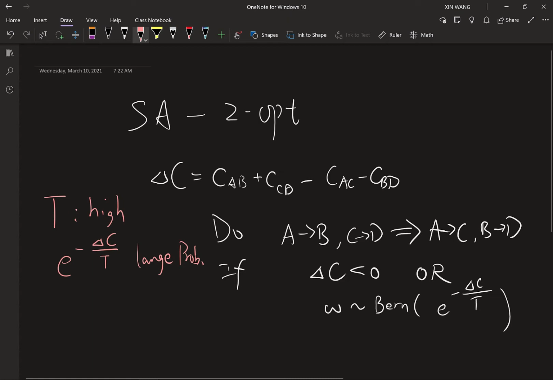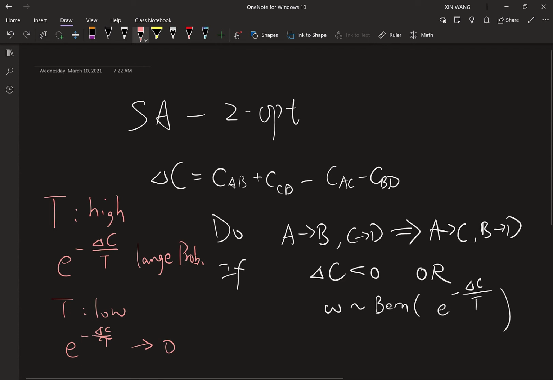When the temperature is low, the probability reduces and finally goes to 0. That means as the temperature goes smaller and smaller, definitely a positive temperature in our context, the probability of accepting the change becomes 0.